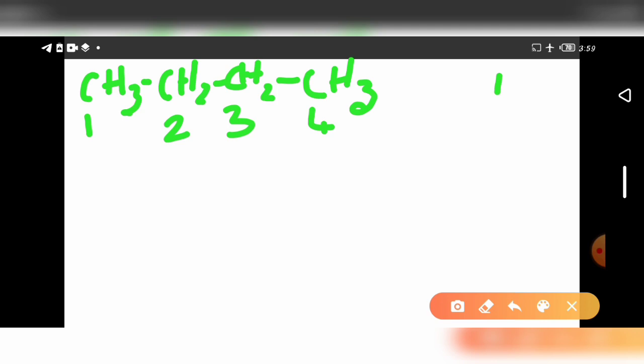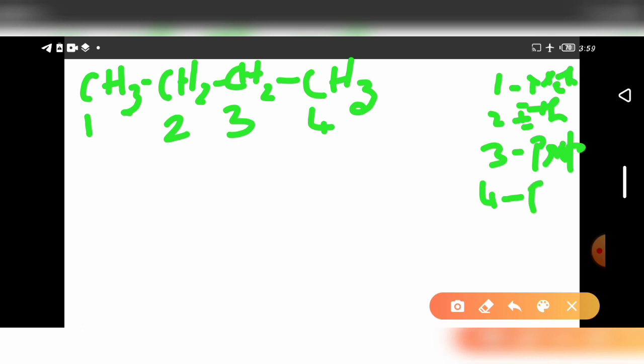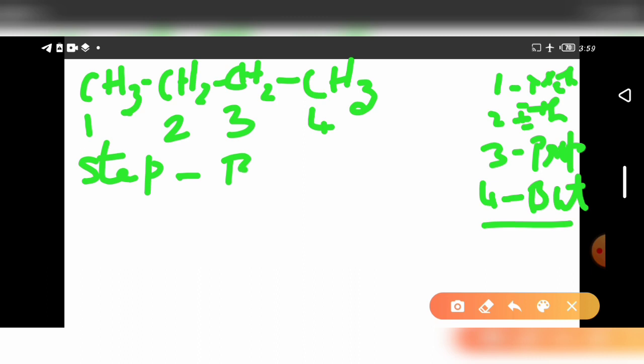So 1 is meth, 2 is eth, 3 is prop, 4 is but. So step 1 is but. Identify the carbon.